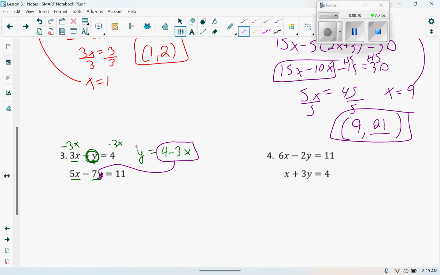Okay, so now I can take this and blob it in for y right here. So this is the form that I want it in, this form right there. Again, don't forget, we want parentheses around this. So we're going to say 5x minus 7 times 4 minus 3x is equal to 11, and then just do the algebra stuff, like distribute that negative 7.